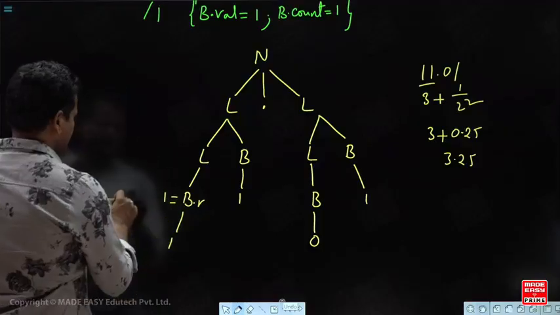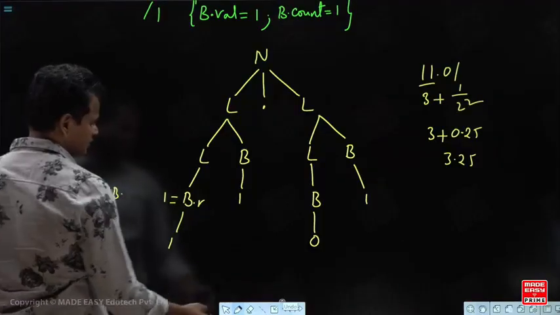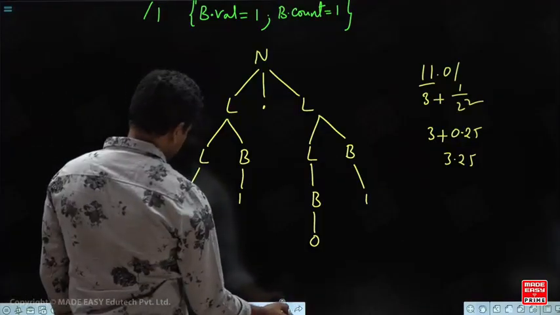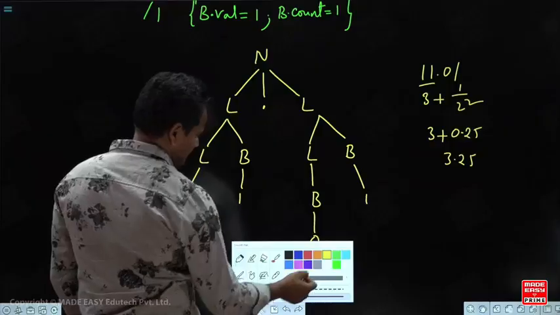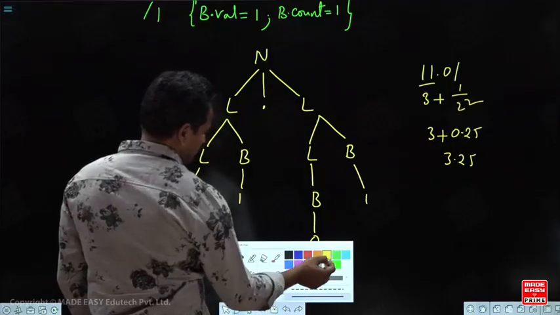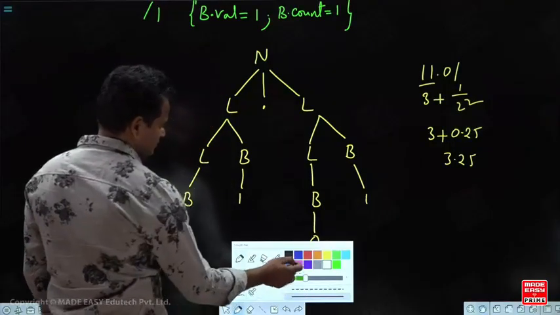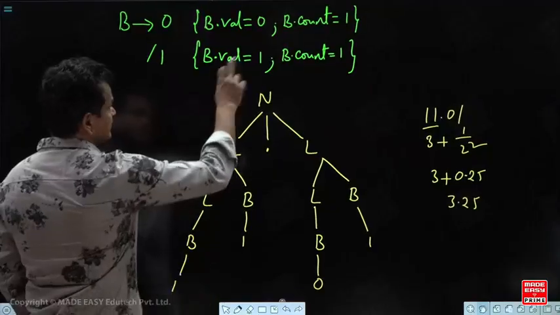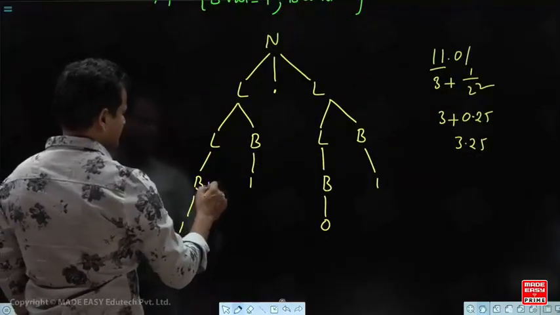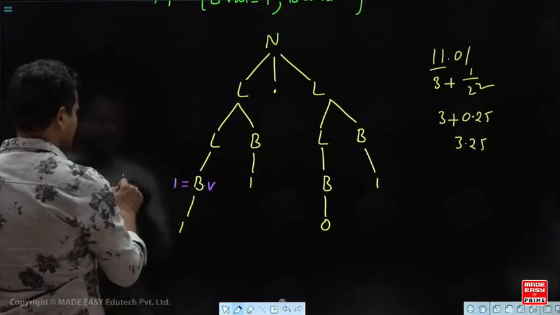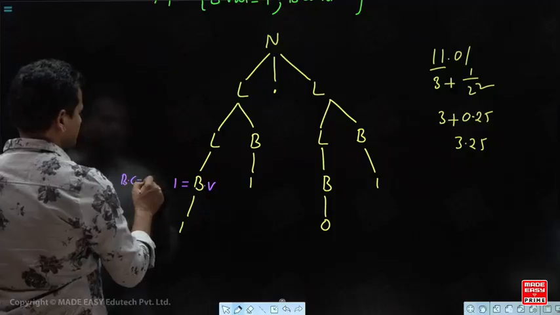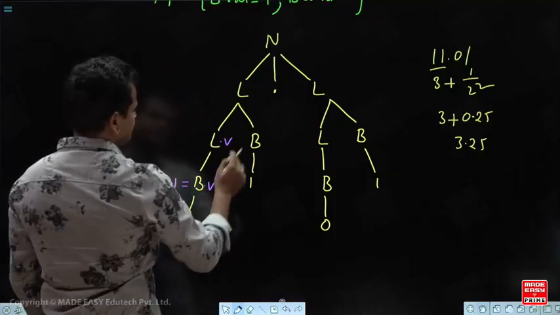B dot value is 1, and B dot count. I will find B dot value as well as B dot count, because everywhere it is there. So here B dot value equals 1 and B dot count equals 1.